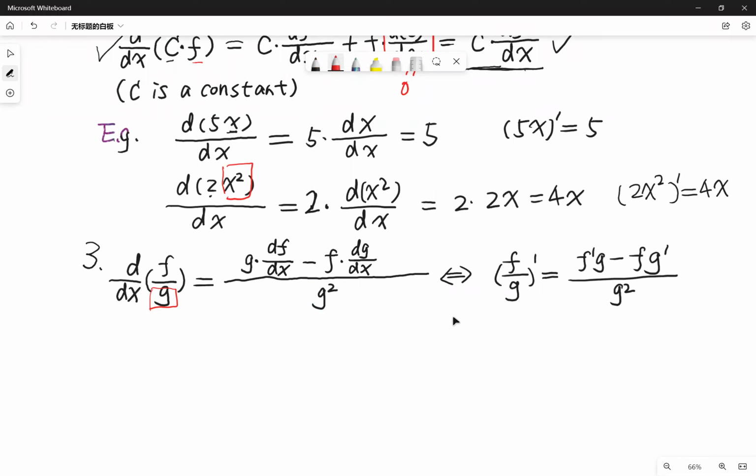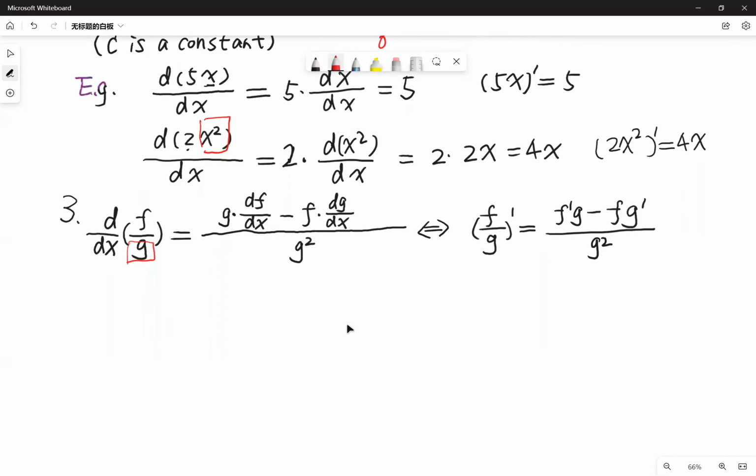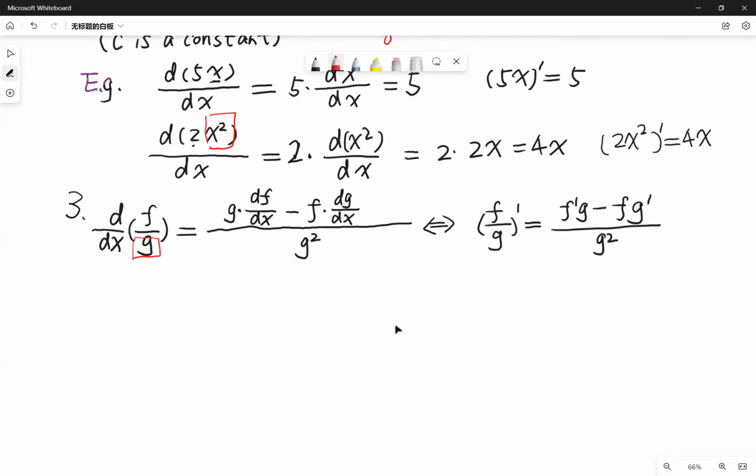Also, we can do some exercises for the quotient rule here.